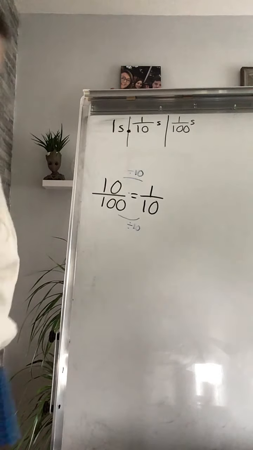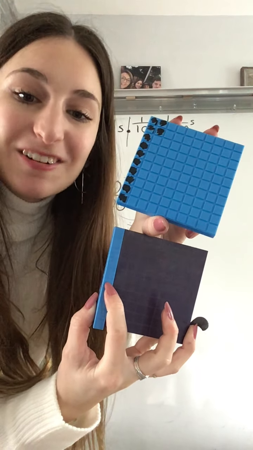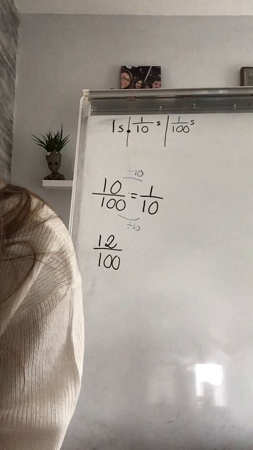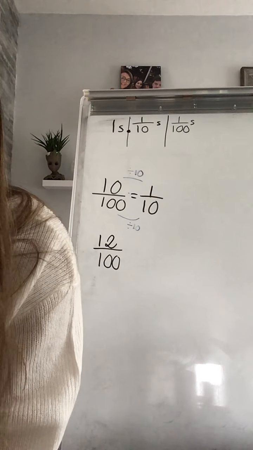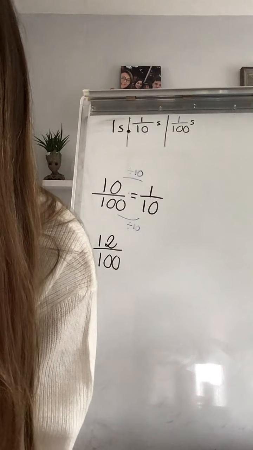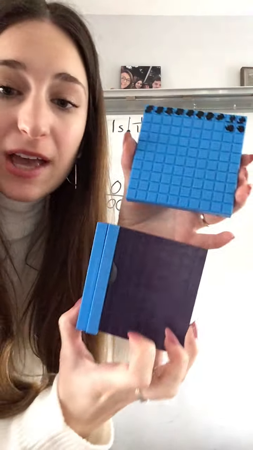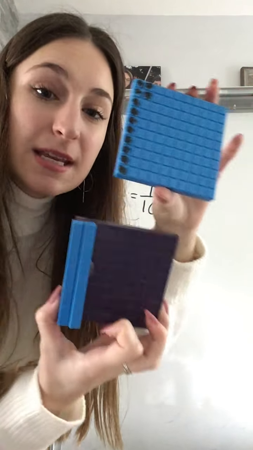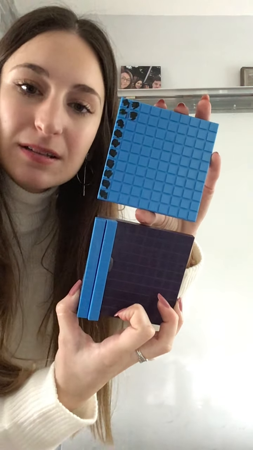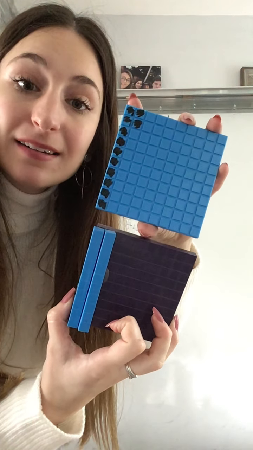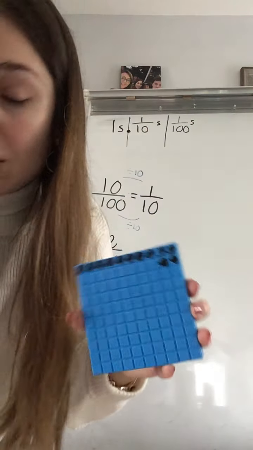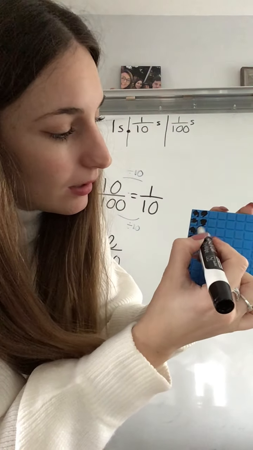That it is more than 1 tenth. If I get my next one, I will get 2 tenths, don't I? And what can you see now? That 2 tenths is bigger than 12 hundredths. So let's carry on.